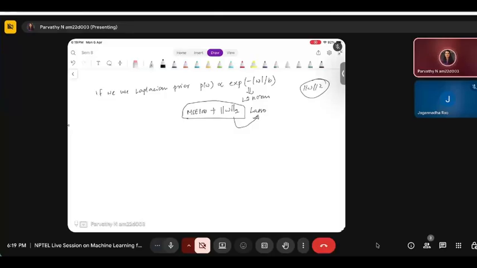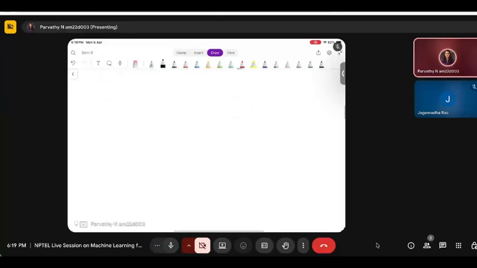Now, coming to the case when both the likelihood and the prior are Gaussian, the posterior will also become Gaussian. So this can be written as P of W given y comma x is N of W given mean and covariance, where this is the posterior covariance and mean.